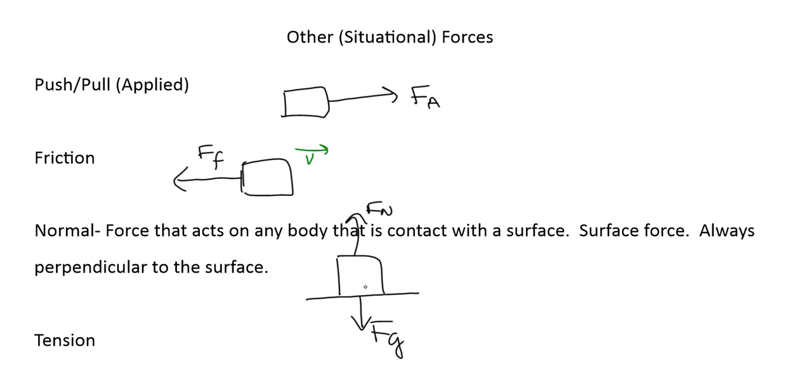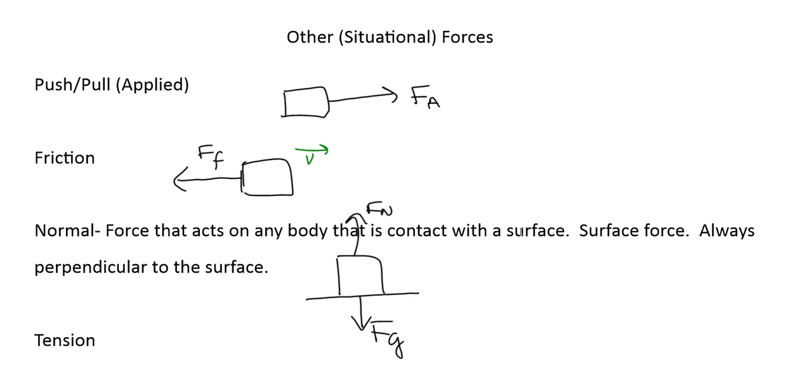And in cases of the horizontal surface, Fn, the normal force, is generally equal to the force of gravity. We're going to see why that's the case. It's not always the case, because we could have another force acting in that direction. But if these are the only two forces in the vertical direction, the body's not moving in that direction, then the two of them are equal. Don't take that for 100% fact. In some situations it is, in some situations it's not.